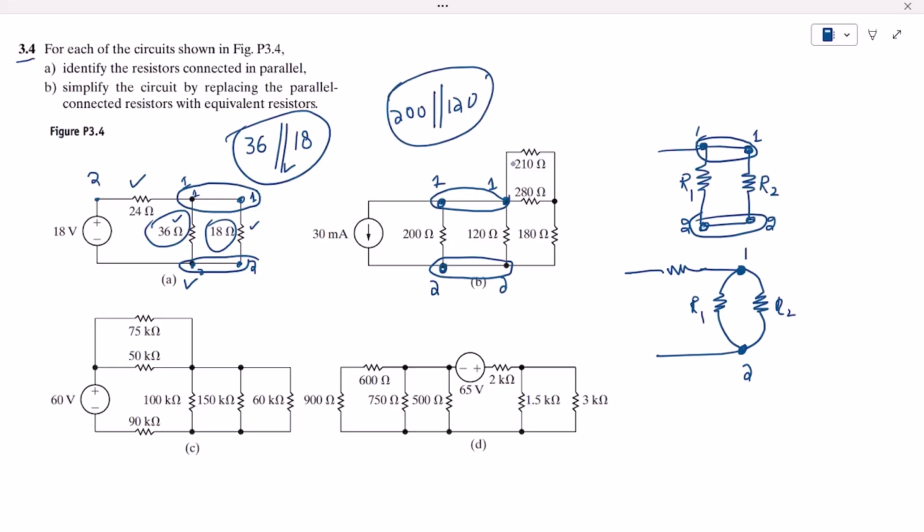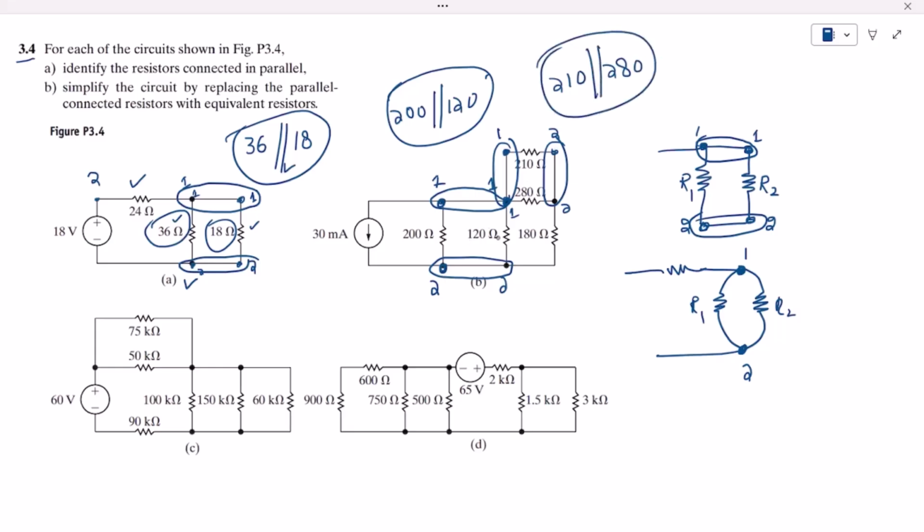Similarly, this is another resistor, this is the first end, this is the second, and 280 is the second resistor, this is the first and this is the second, and you can see that this end is connected with this one, this end is connected with this one. So therefore 210 is in parallel with the 280 ohm resistor here.